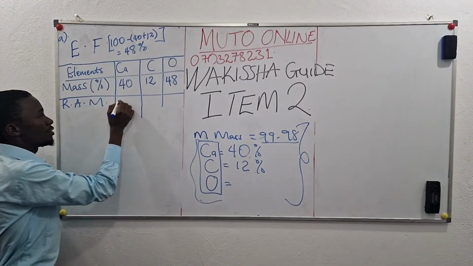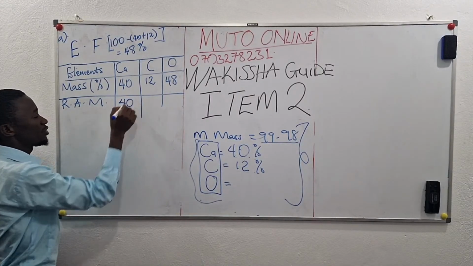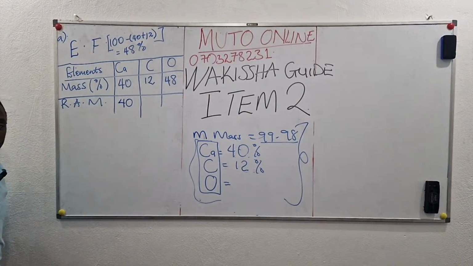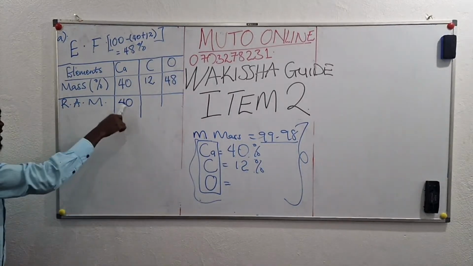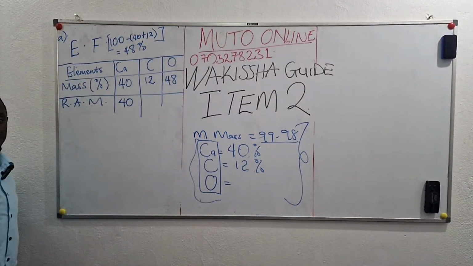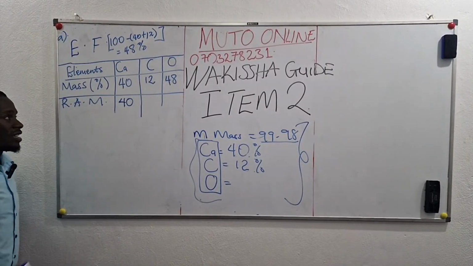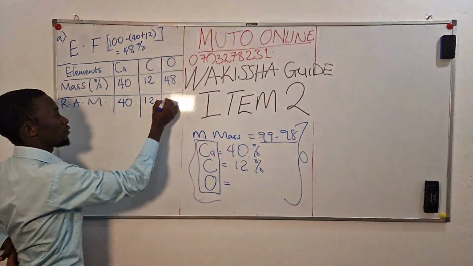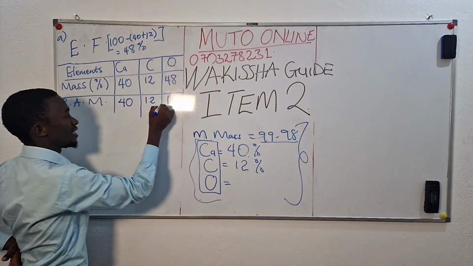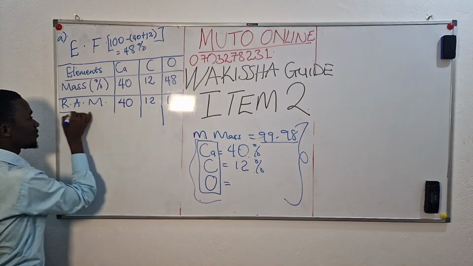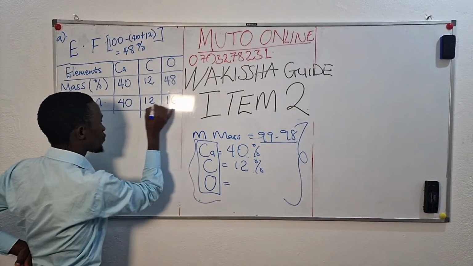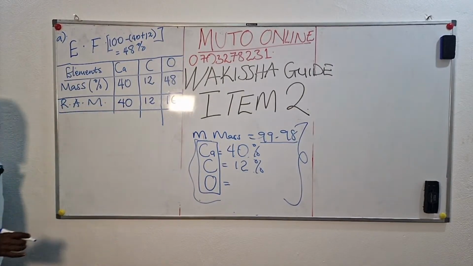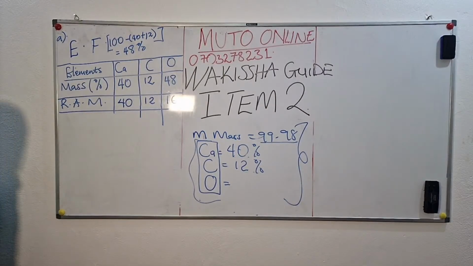That of calcium is 40. The atomic mass of calcium is 40. They are standard and they are always given to you. That of carbon is 12, and that of oxygen is 16. Members, no need for cramming these relative atomic masses. They are always given to you.